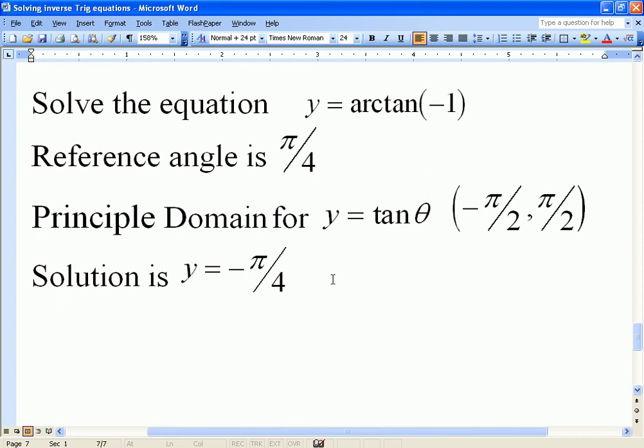Because the tangent of the angle that I'm looking for is negative 1, my angle must be in the fourth quadrant and not in the first quadrant. So my solution would be minus the reference angle. So y would equal negative pi over 4.